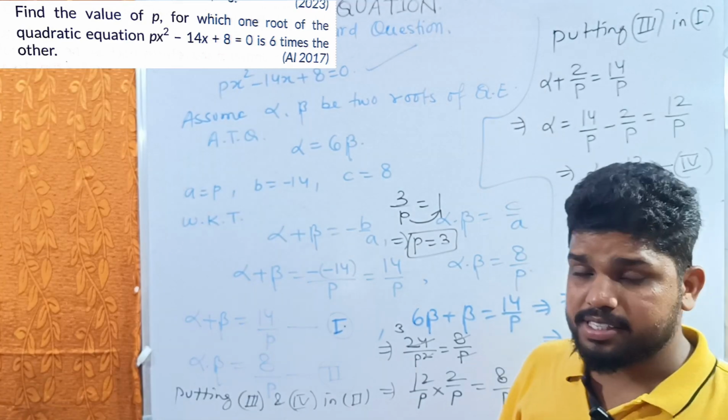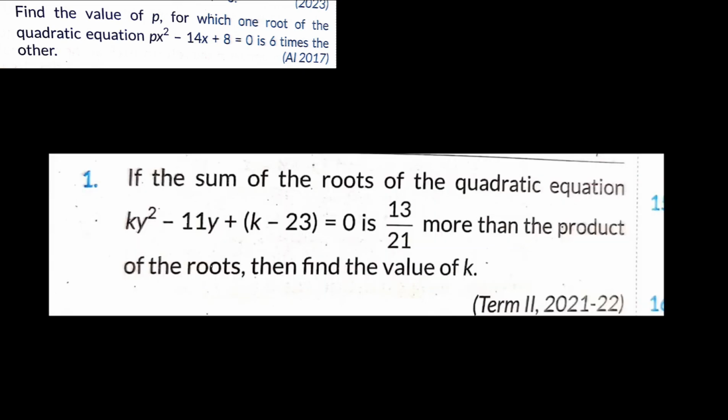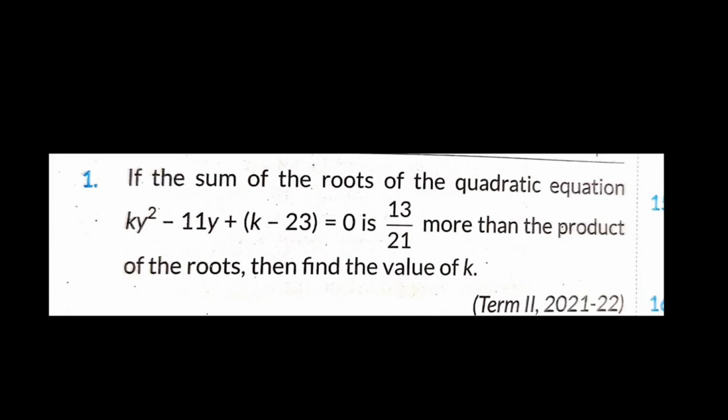Now let us do some another question. Dear students, one question might be visible to you in your screen, which says that if the sum of the roots of the quadratic equation ky square minus 11y plus k minus 23 is equals to 0 is 13 upon 21 more than the product of its roots, then find the value of k.